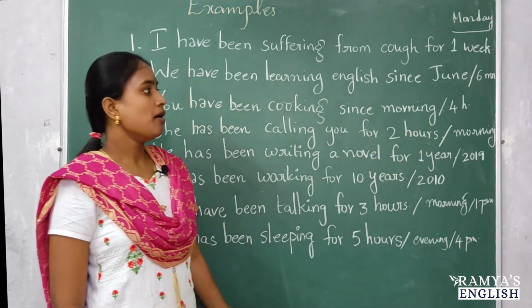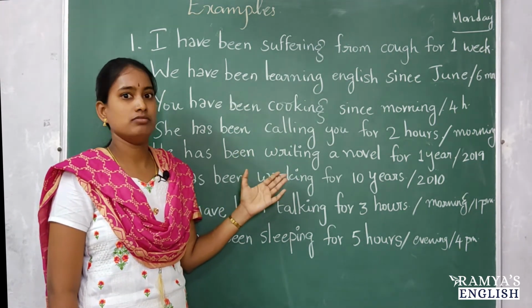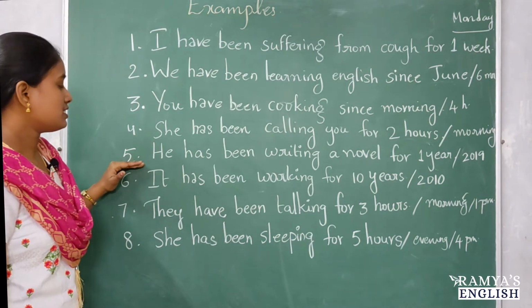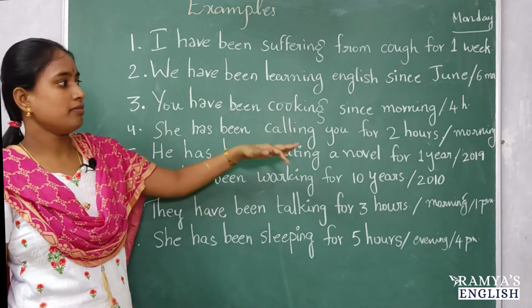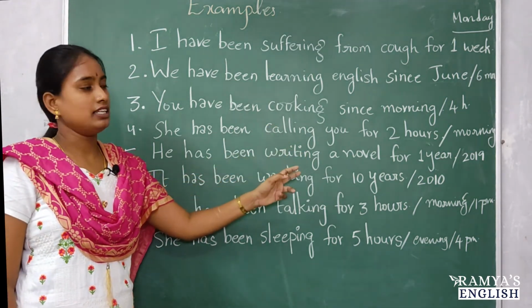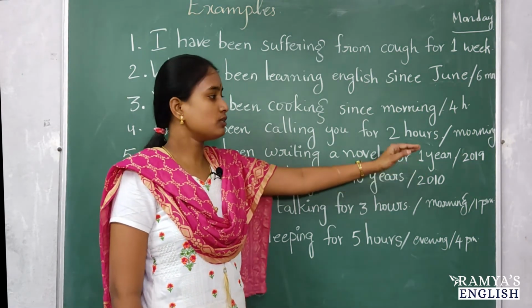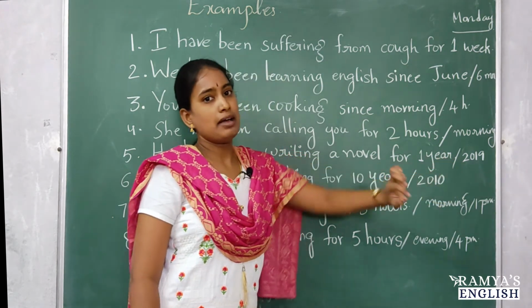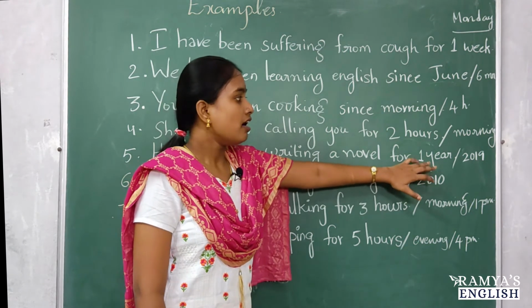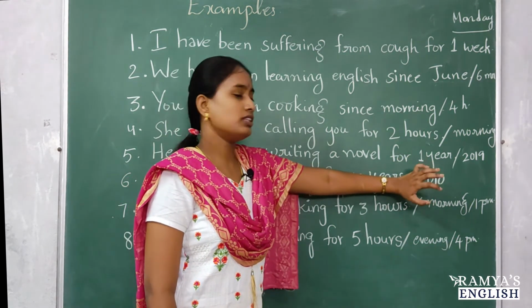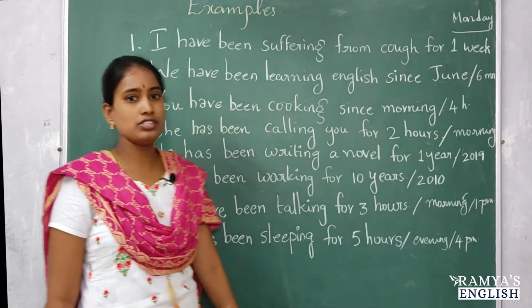Or we can also use morning, or we can use the exact time, 6 a.m. And the next sentence is: he has been writing a novel for 1 year, or we can mention the time since 2019. The indication is since 2019, because here I am mentioning the exact year, so we have to use since. Here I don't know the exact year, I just know the amount of time is 1 year. So that's why I have used for.